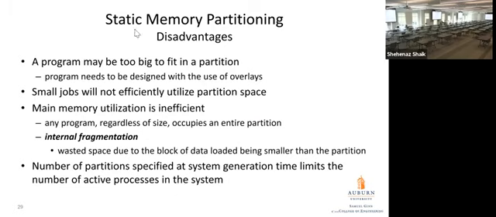Considering all these limitations of the static approach, we do not use this approach as is in any of the modern operating systems. Instead, we will see how this approach is tweaked and adapted for modern operating systems, so that we can overcome at least some of these limitations.